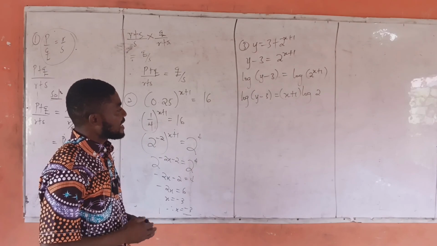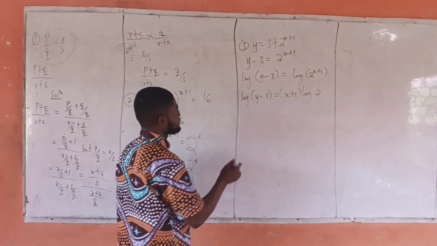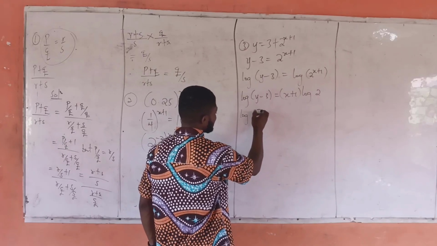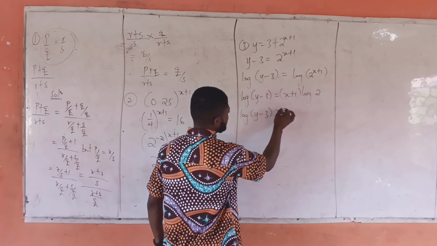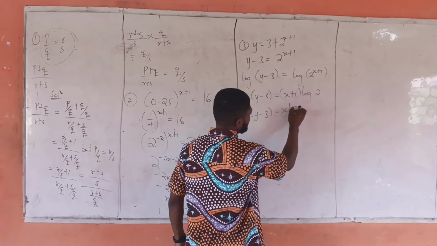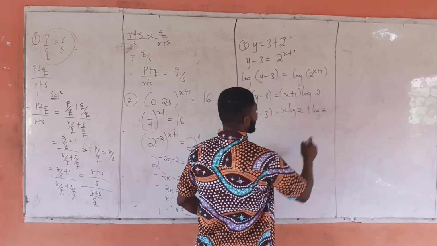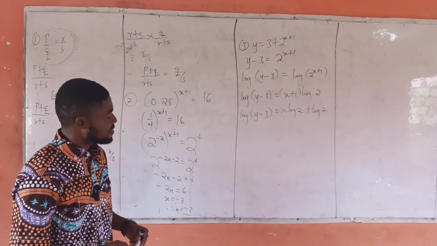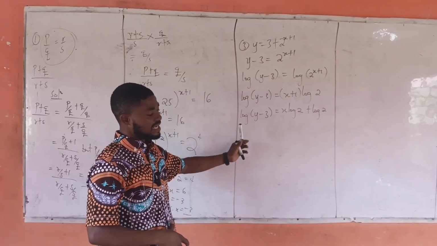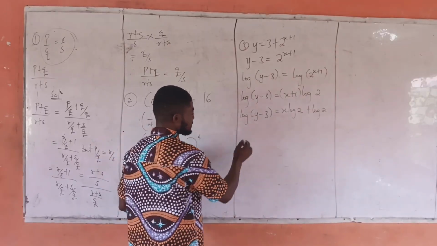Now I can further expand this side. I have x log 2 plus log 2. Move the log 2 to this side and keep the x at the other side.